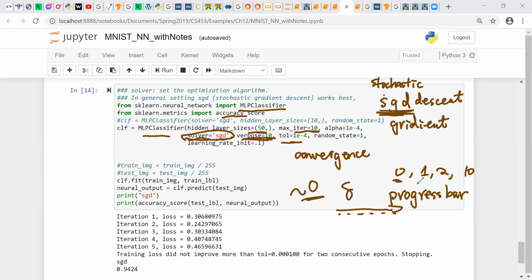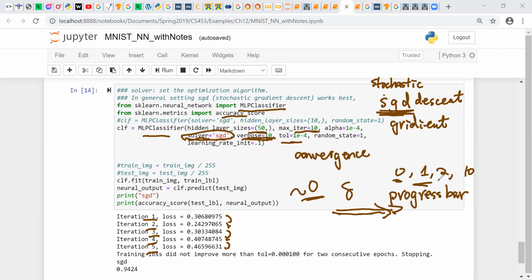If it is 1, then it gives you a progress bar with each iteration, each epoch, and it also shows you for the first iteration how far it goes. So you have a clear clue where the processing is right now.